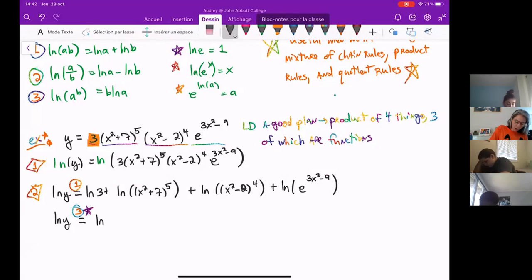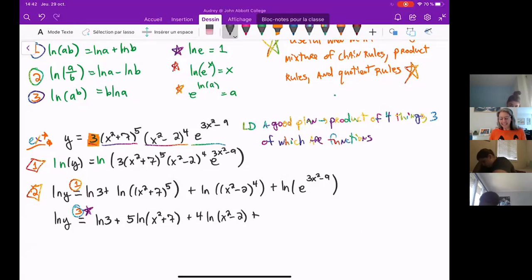So I'll have ln 3 plus, I can bring the 5 to the front, ln of x squared plus 7, plus I can bring the 4 to the front, ln of x squared minus 2, plus, what is ln of e to the 3x squared minus 9 equal to? It just equals the function, 3x squared minus 9. Now there's no simplification left to do. This is my simplified form.